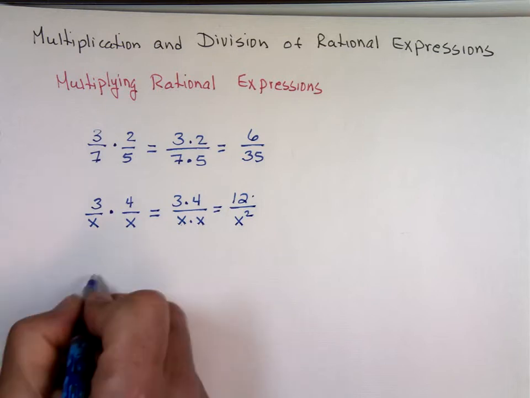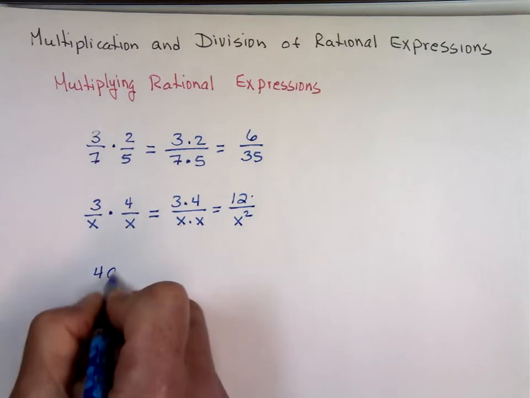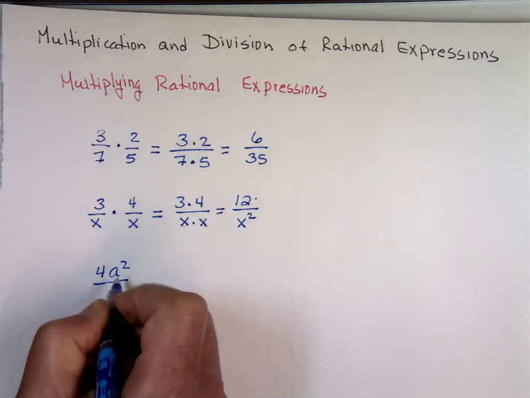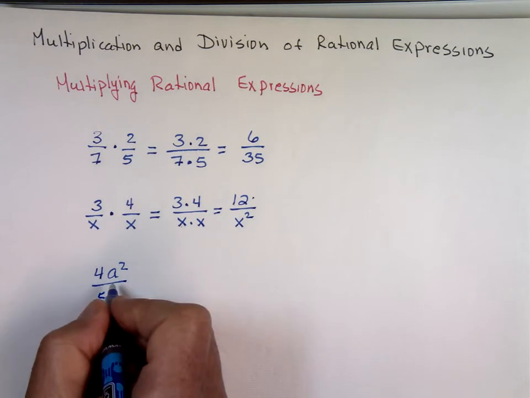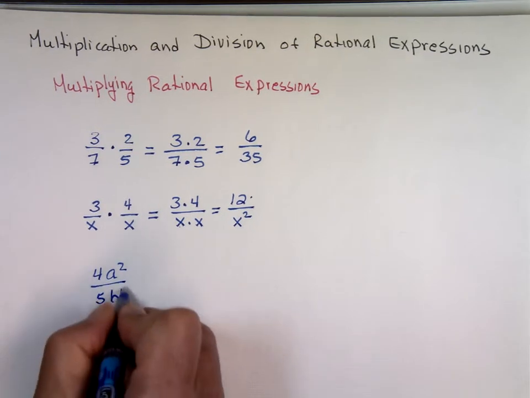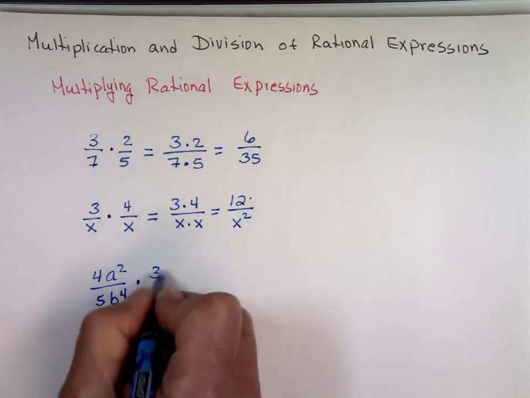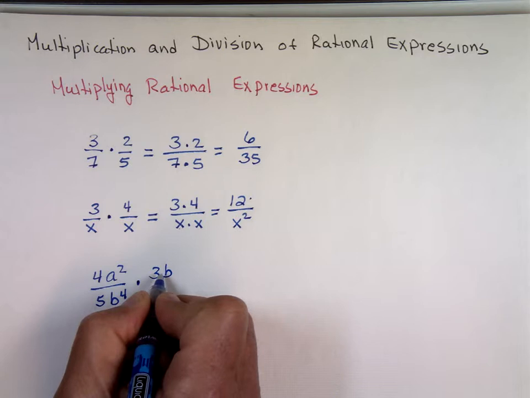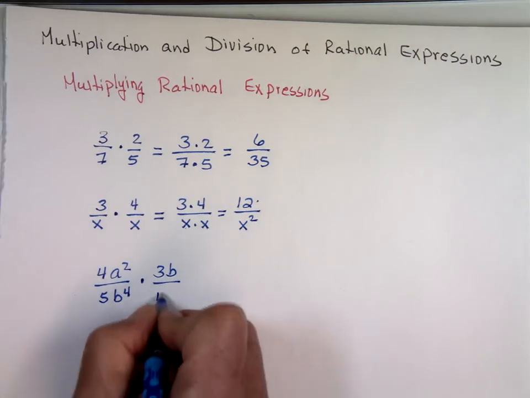Let me try this one. 4a squared over 5b to the 4th, times 3b over 12a.